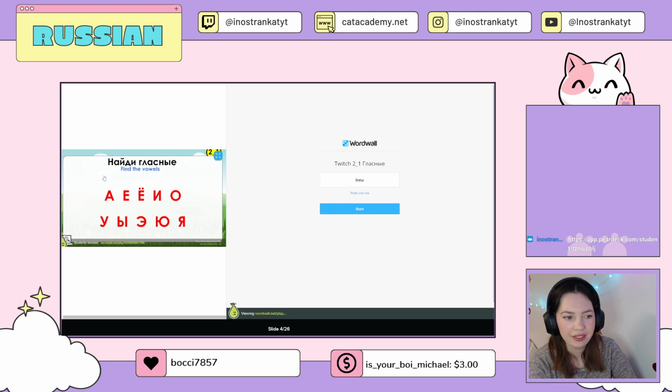So here on the left you can see all of the vowels, all of the гласные. Let's repeat them one more time from left to right, first row to second.